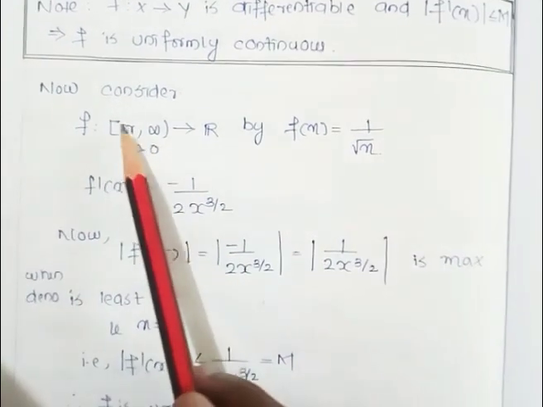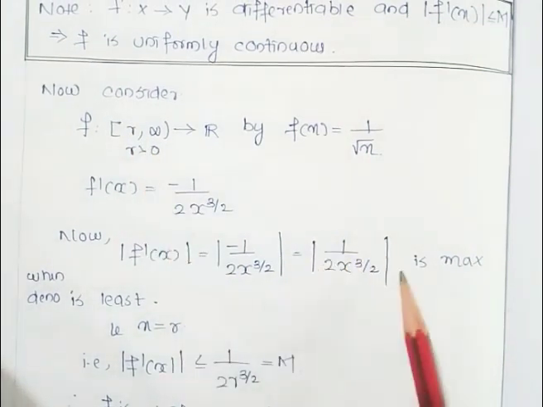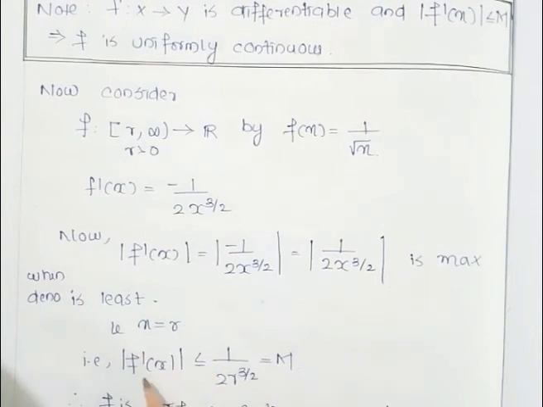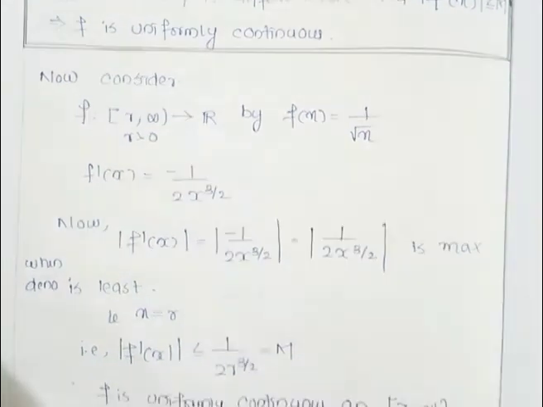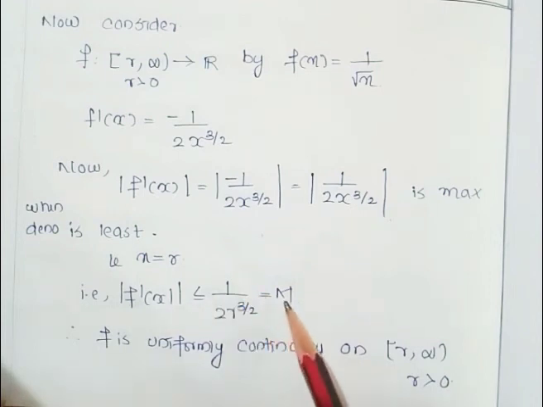Now we are considering the interval [R, infinity) where R greater than 0, and this is maximum when the denominator is least, that is when x is equal to R. So modulus of f dash of x is less than or equal to 1 by 2 into R power 3 by 2, because choosing x equal to R. I choose this term as M, so we get modulus of f dash of x less than or equal to M, that is, f dash is bounded.